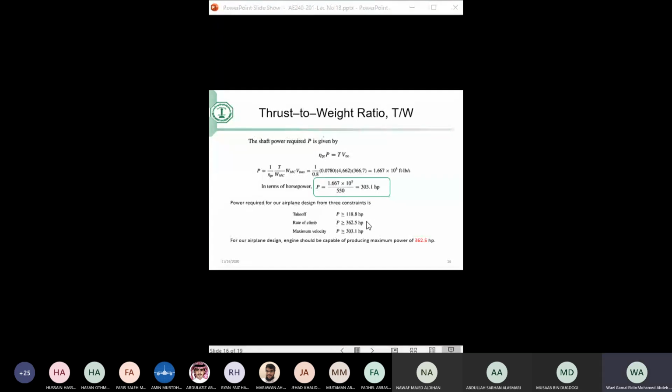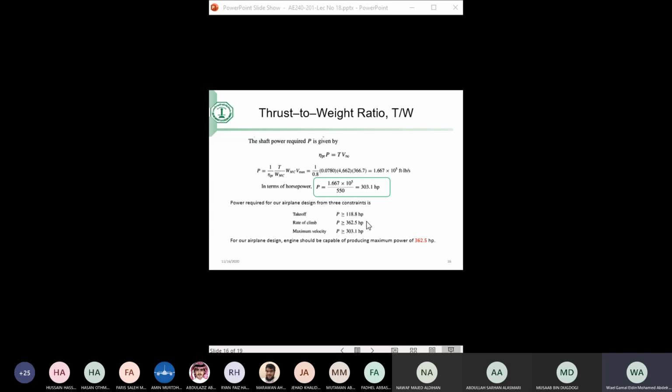Probably not, because it will be operating from airports that can also operate Boeing 777, so they have longer runways. So probably the takeoff distance is not a critical one. Rate of climb? Not really. It's not a determining factor. The aircraft should not climb very fast. It's not a fighter aircraft. So you'll have to be easy on the condition of the rate of climb because you don't want people to be scared. Right. So maximum velocity, maybe, if you want the aircraft to get from point A to point B. But there are other requirements, fuel consumption, for example.